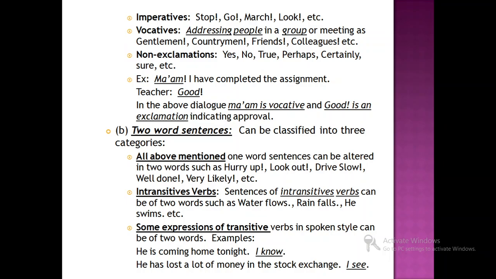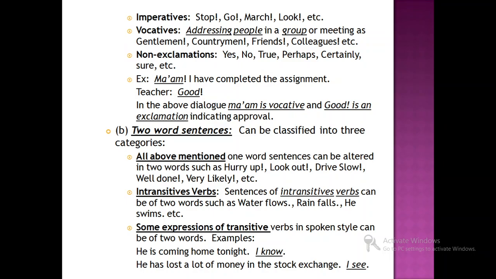Intransitive verbs where there isn't any need of any object, जहां पर किसी भी ऑब्जेक्ट की जरूरत ही नहीं है, where the action of a verb never ever ends on an object, जो किसी भी ऑब्जेक्ट पर एंड्स होता है वो इंट्रांसिटिव होगी. तो इंट्रांसिटिव वर्ब्स के बारे में ही बात कर रहे हैं फॉर द टू वर्ड सेंटेंसेस. So sentences of intransitive verbs can be of two words such as water flows, rain falls, and he swims, etc. Lot many things. Okay, lot many different ways to frame the different sentences.